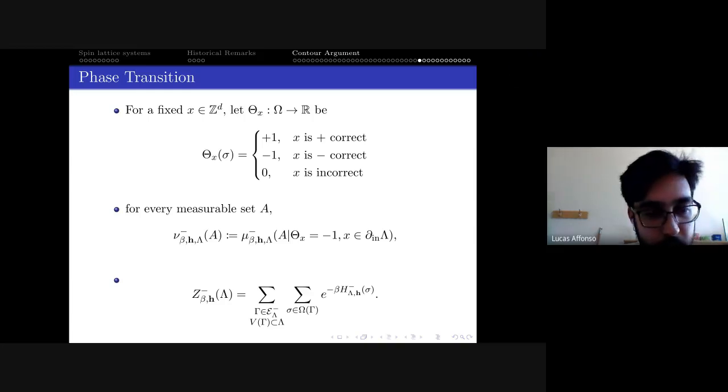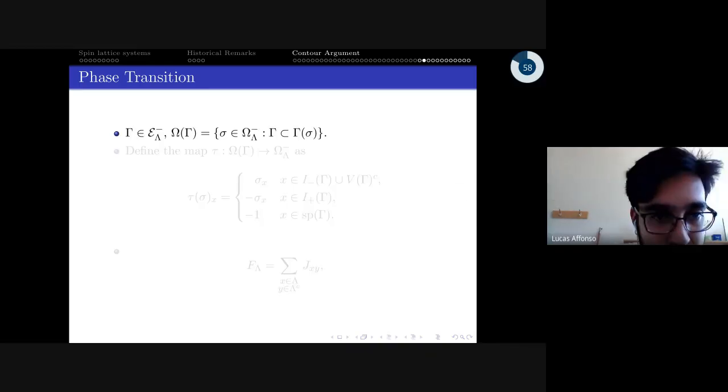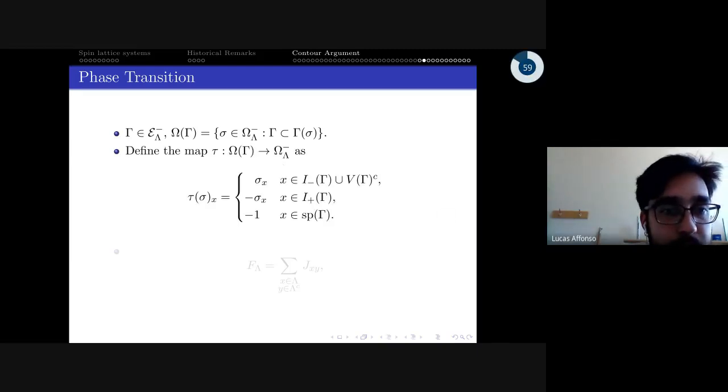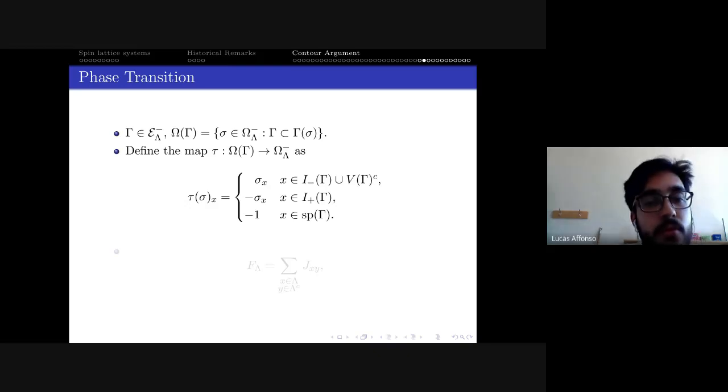And then we have this new partition function, a restricted partition function, only summing over configurations that are compatible with a given family of contours. And with compatibility, I mean that configurations where when you construct the contours, this family gamma that you fixed are a subset of it. And then we introduce the map tau. This map just erases a contour. I define it for families here, but you can think in the case of only one contour.